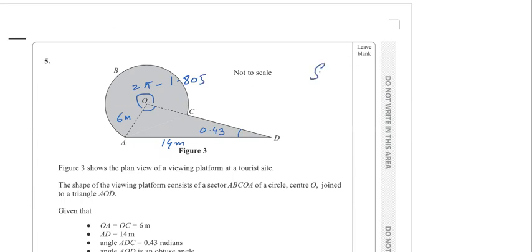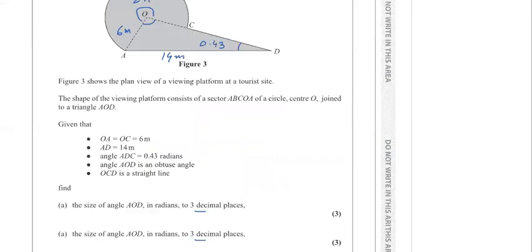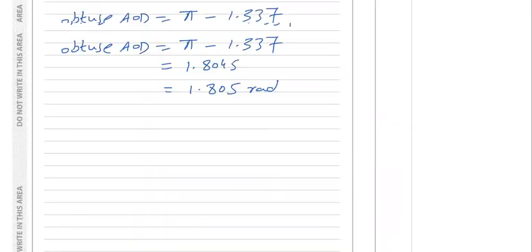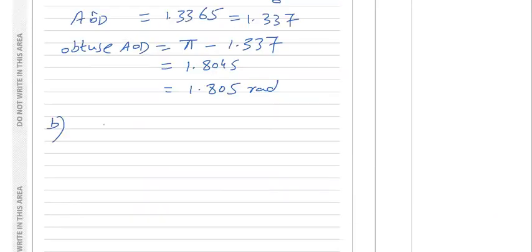Then using the formula s equals r theta, r is the radius, which is 6. So s equals 6 times theta, where theta is 2 pi minus 1.805.